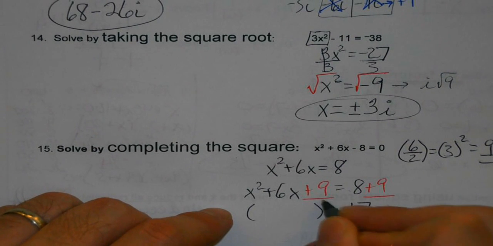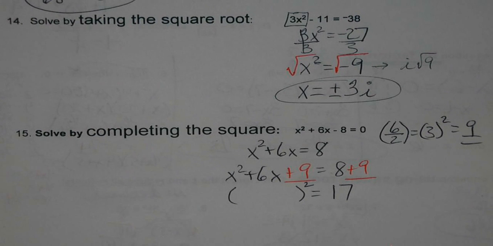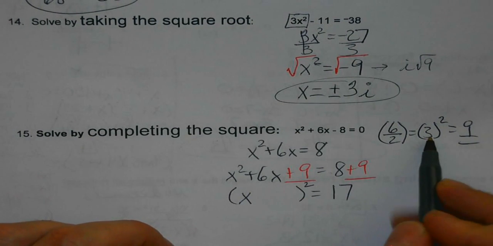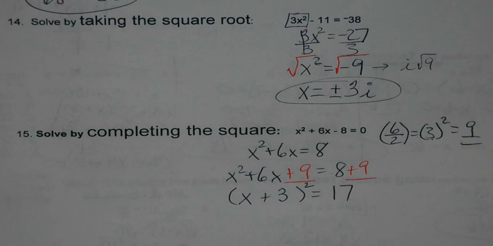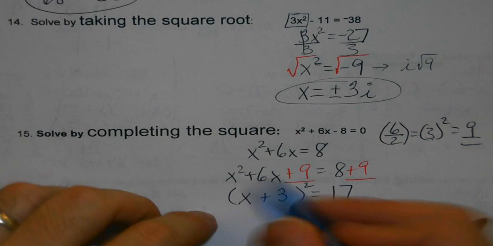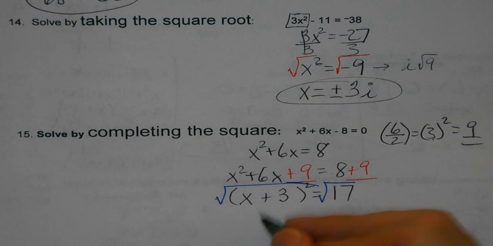Now, I go from my perfect square trinomial to my square of a binomial. Just putting the b divided by 2 number in there with it. And now I'm ready to actually finish this off and start solving. Again, square root to get rid of the squared.